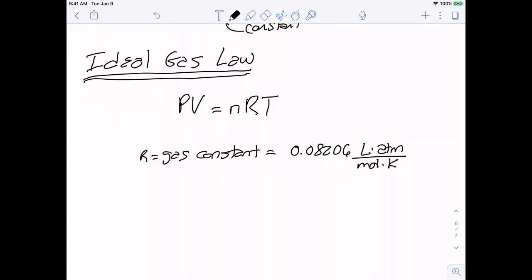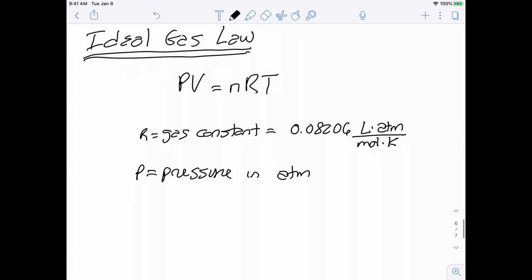Because of those units though, my pressure needs to be in atmospheres. Because there's atmospheres as part of my gas constant, if our units are going to work out, pressure has to be in atmospheres. V is my volume. Because liters are part of the units of my gas constant, it does need to be in liters. So if you're doing a problem and it's not in liters, we do need to convert it when we're using the ideal gas law.